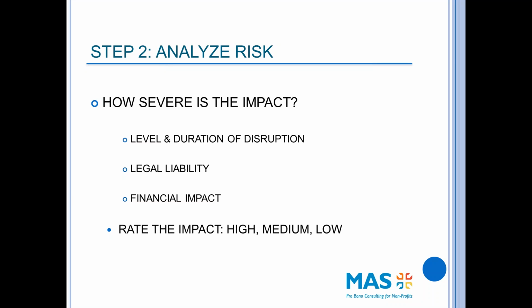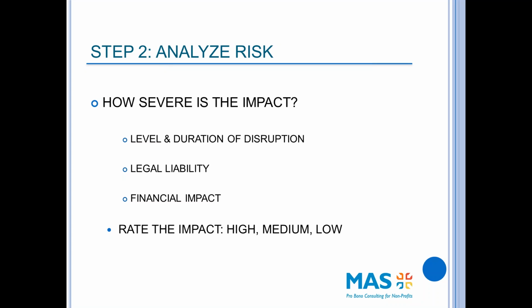And then again, it is assigning an impact rating to that risk. So if this bad thing happened, and it's high, medium, or low that it's likely to happen, then I need to think about, if it does happen, what's the impact on the organization? And again, the impact is high, medium, or low. There are things that could happen, but they have in the end a very low impact on the organization.